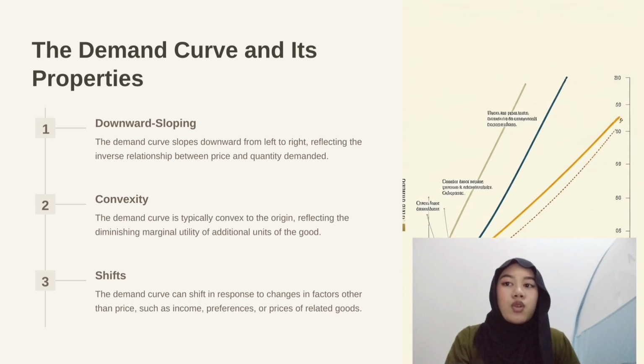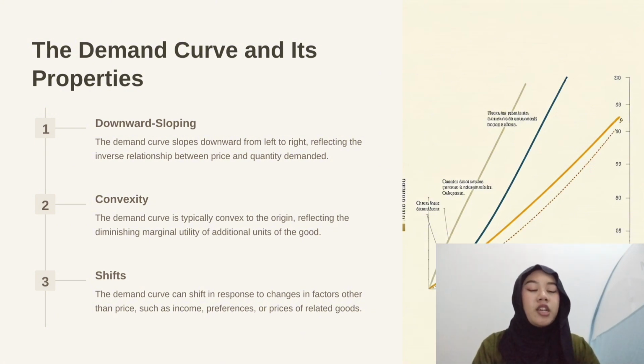The demand curve is typically convex to the origin, reflecting the diminishing marginal utility of additional units of the good. 3. Shift. The demand curve can shift in response to changes in factors other than price, such as income, preferences, or prices of related goods.